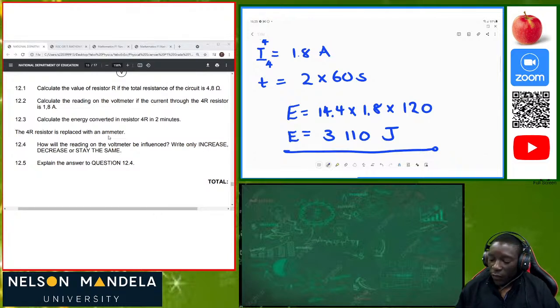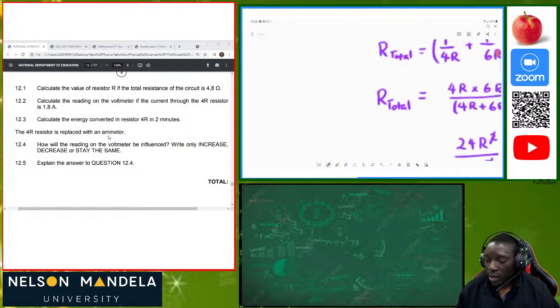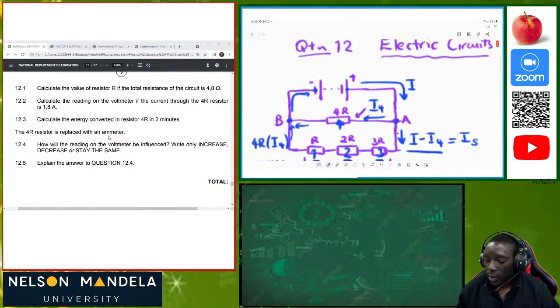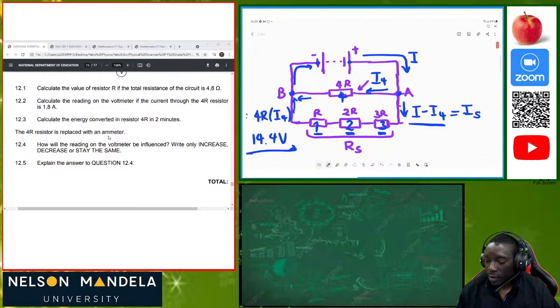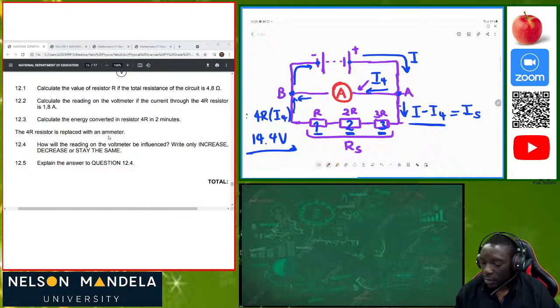So now if the 4R resistor, where is our diagram? Should be there, right? So for this part, this 4R resistor is replaced with another instrument called an ammeter. We have an ammeter connected there.